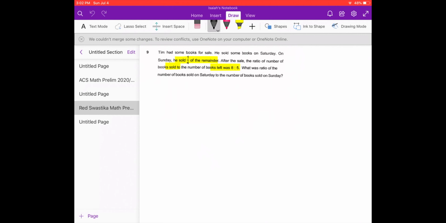So after the sale, the books that were sold to the books that were left is 8:5.